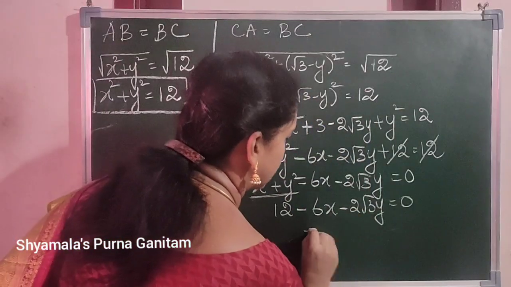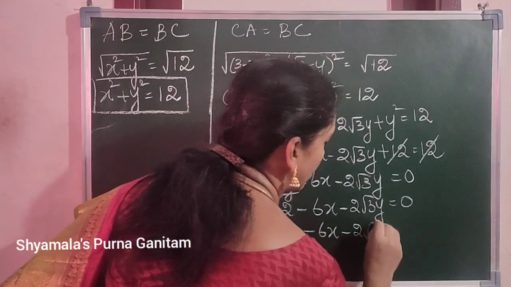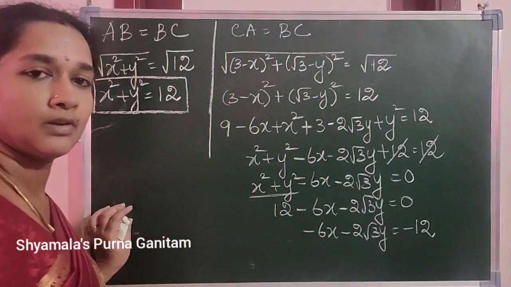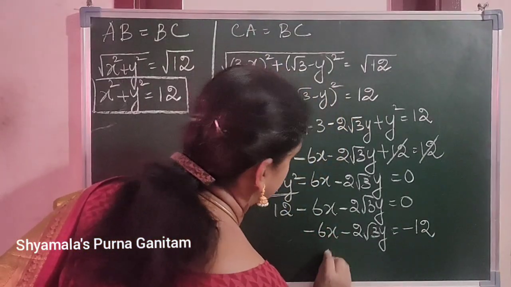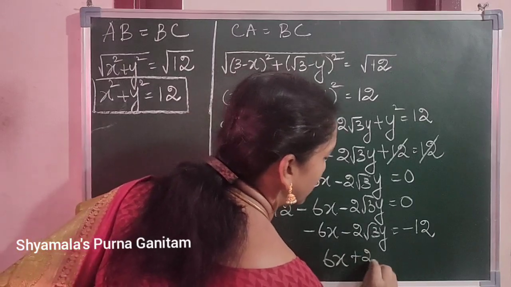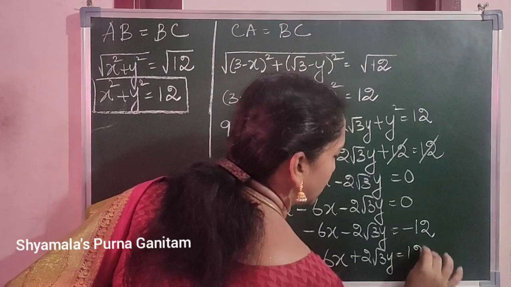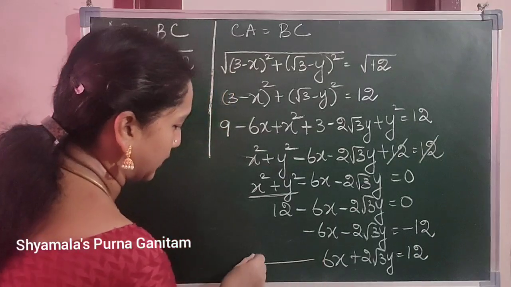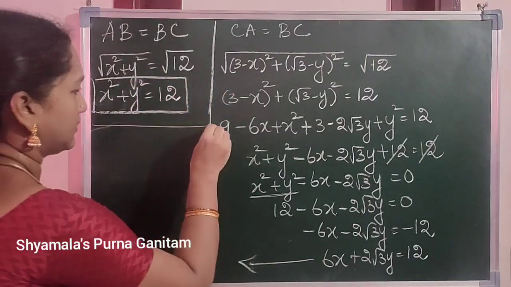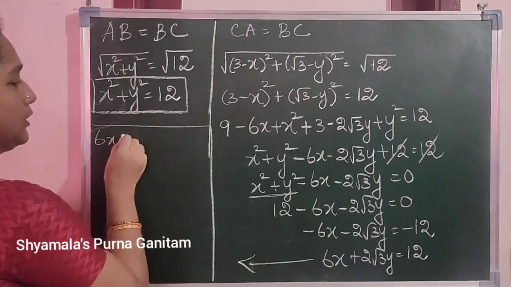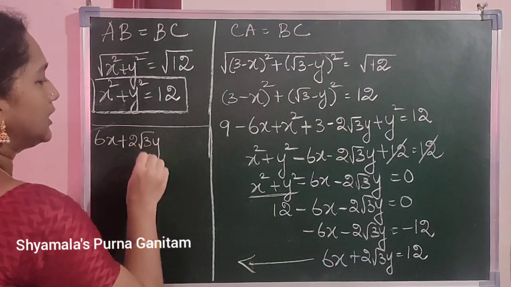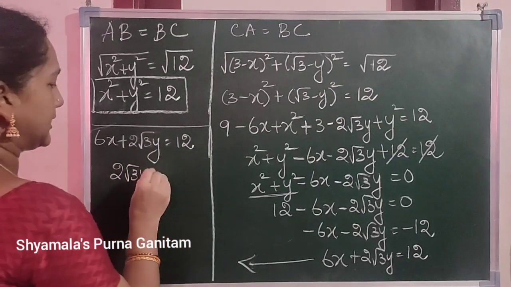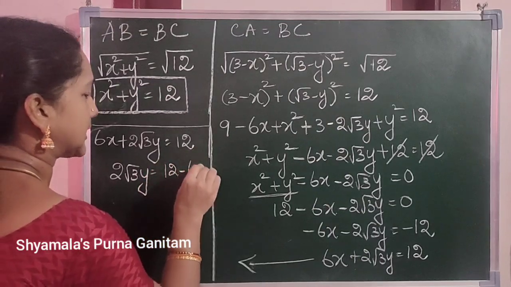So I will bring this 12 to the other side. Minus 6x minus 2√3y is equal to minus 12. So I get 6x + 2√3y = 12. Now 2√3y = 12 − 6x.